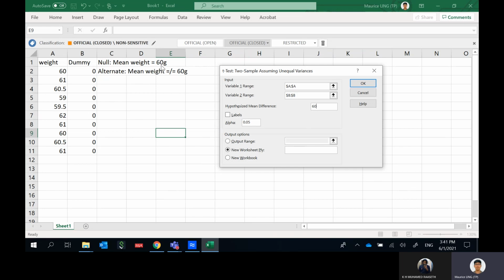Without the dummy variable, it can't work. Then you go back to the first lab session to see how you get the data analysis step again. If yours is not there, you have to go and get it again.